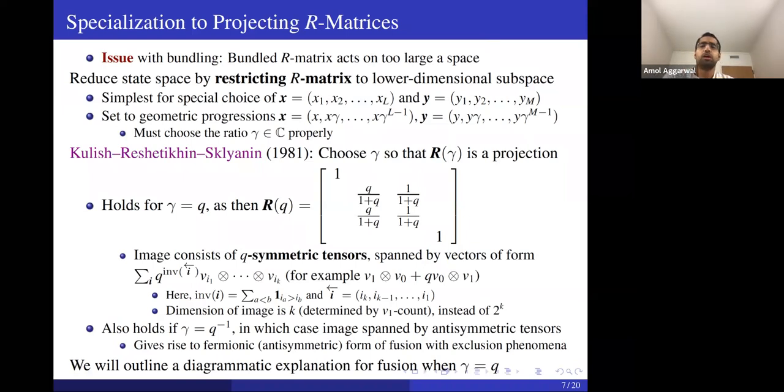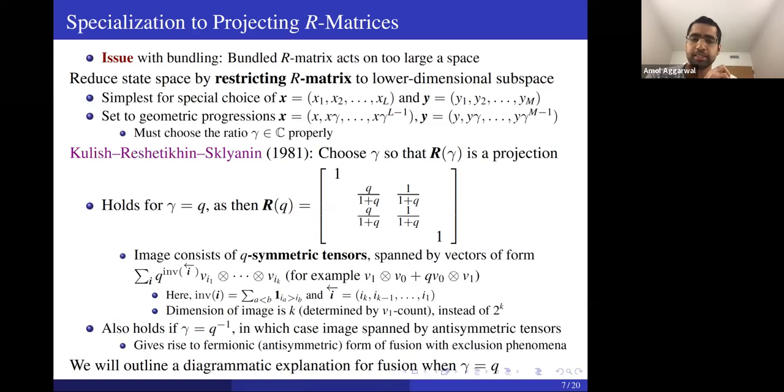In particular, if I go back to the R matrix, it has 6 entries, and if I plug in gamma equal to Q, you'll see that the R matrix looks like this one over here, which you can quickly verify is a projection.